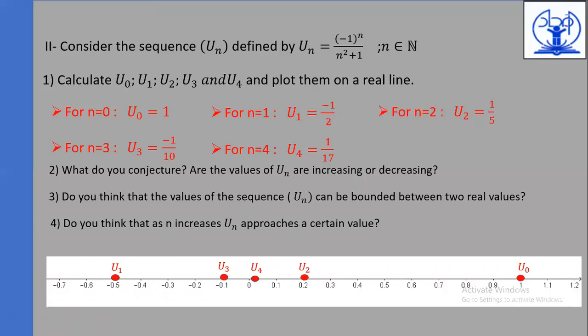There is no term whose value will be exactly 0. But it seems, and I'm saying here it seems, because we're not proving formally, that the terms of the sequence are approaching a value which is 0, as if we're saying that the limit of un as n tends to infinity is 0.